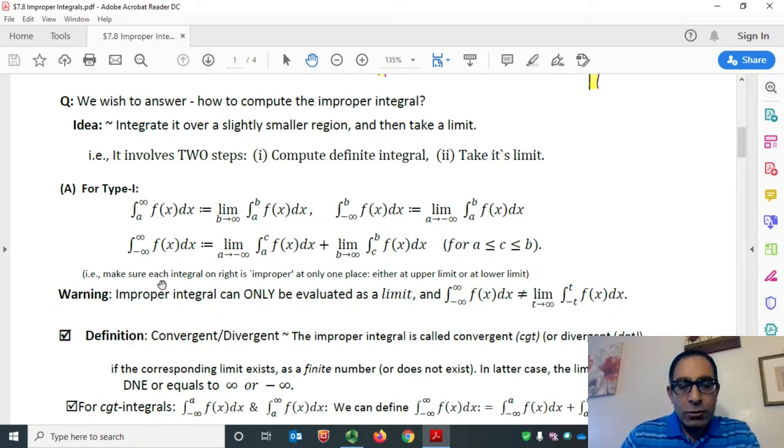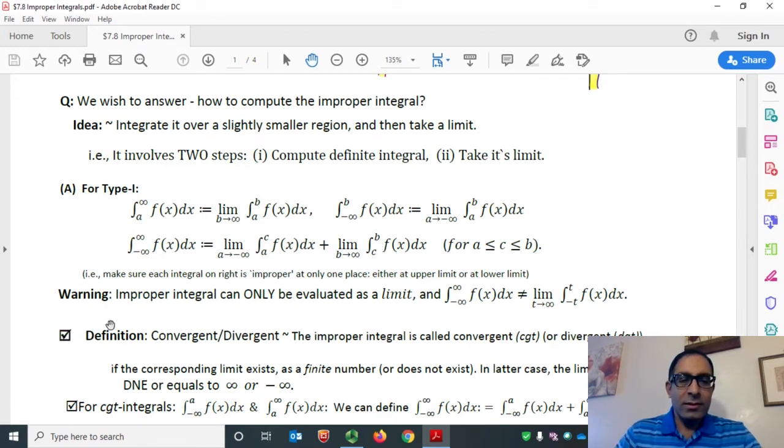One quick note: make sure each integral on the right side is improper at only one place, either at the lower limit or at the upper limit. We cannot have improper in both places. So for example, here the improper point is at the lower limit, here it is at the upper limit. Great.